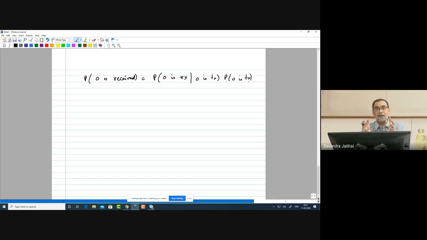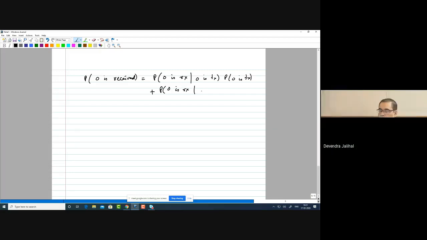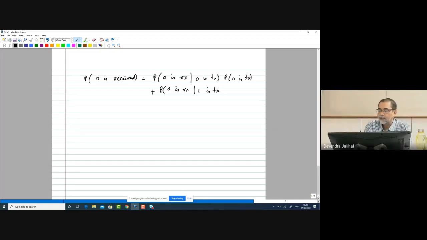This is one way I can receive a 0. Plus, there's another possibility: 0 is received when 1 is transmitted, times the probability that 1 is transmitted. So this now describes the complete possibility of receiving a 0. Okay, so I can now put in the numbers.